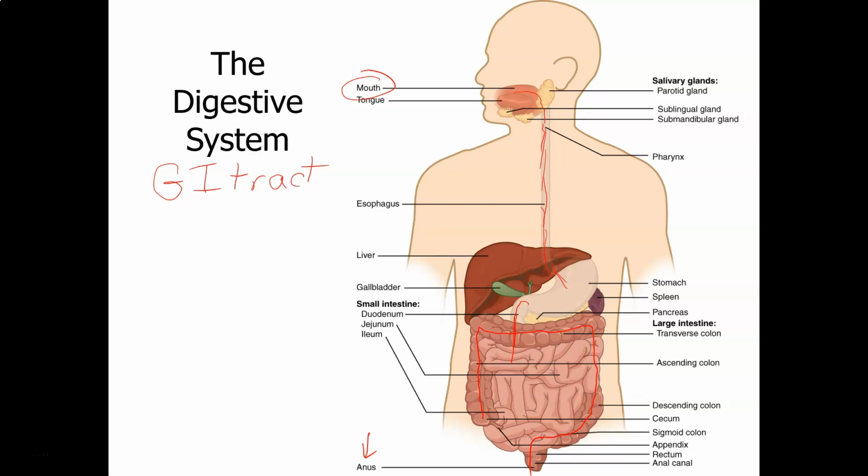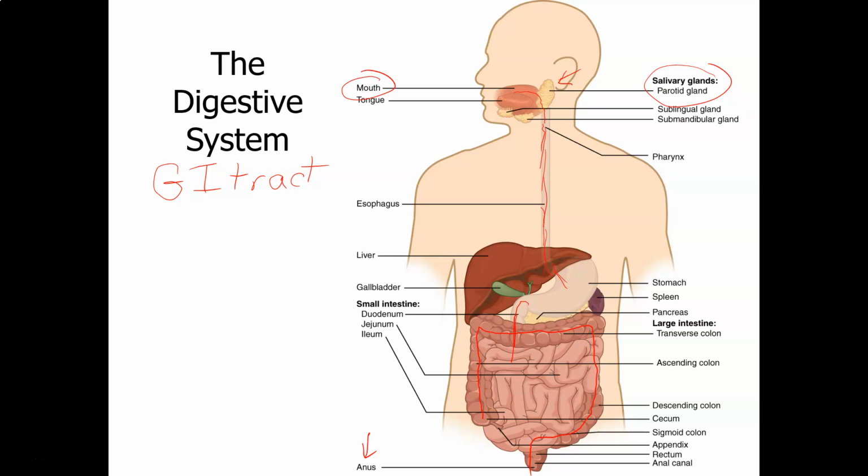There are some accessory organs of the digestive system. We have three sets of salivary glands. The parotid salivary gland is the one that's at the back of the throat. The sublingual is under the tongue, and the submandibular is under the jawbone.